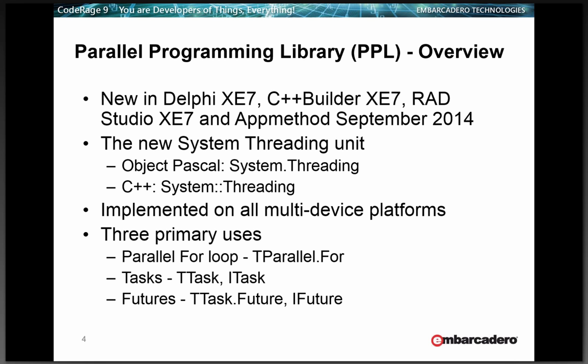In all these cases, the parallel for loop, the tasks, the futures, are those the three major parts that an application developer might use, or are there other parts of the parallel programming library? Those are the major portions of it. The idea is to provide as simple a design as possible that gives you a lot of power with very little confusion.